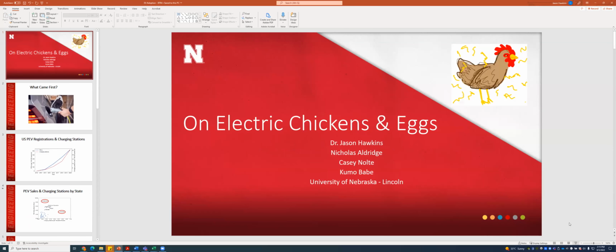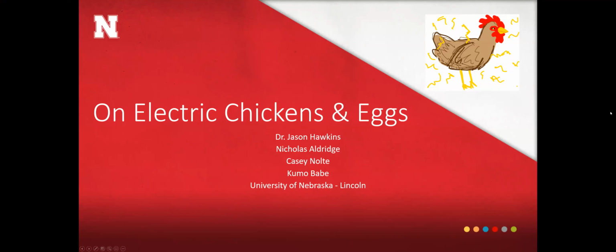So this actually pivots quite nicely off of what Connor was talking about in the last presentation. This is very initial work that I've been doing with my master's student and two undergraduate assistants during this past semester. What we're looking at here is the relationship between charging stations and electric vehicle adoption.